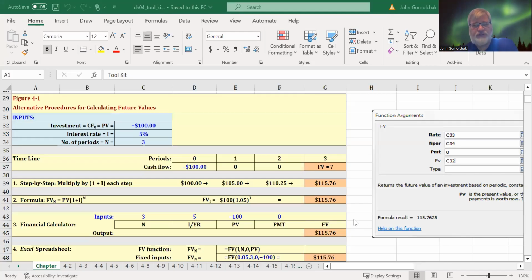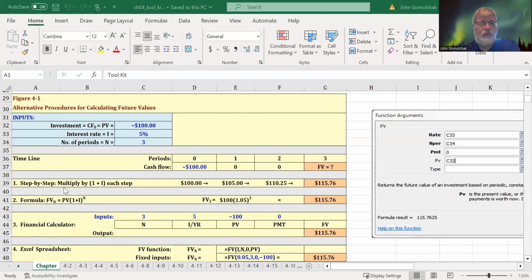Okay, so this is a spreadsheet that our authors give us to work with. And basically, here are the 4 methods of calculating what the future value or the compounded value of our investment is going to be. So looking at this, let's start with number 1.